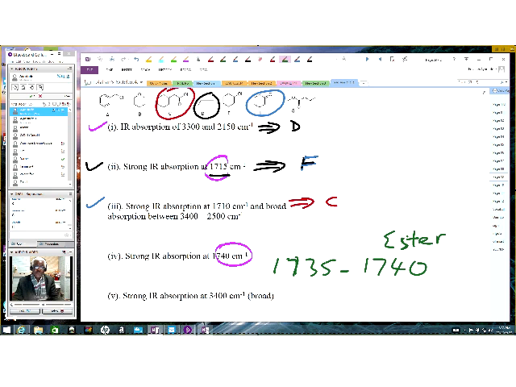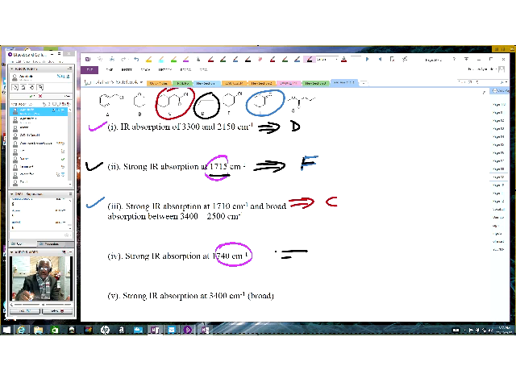Okay, so therefore, which one of those compounds would that relate to? Oh, that would be G, exactly. Very good. That would be G. Let me use a black color here. That is G, which is this one here.